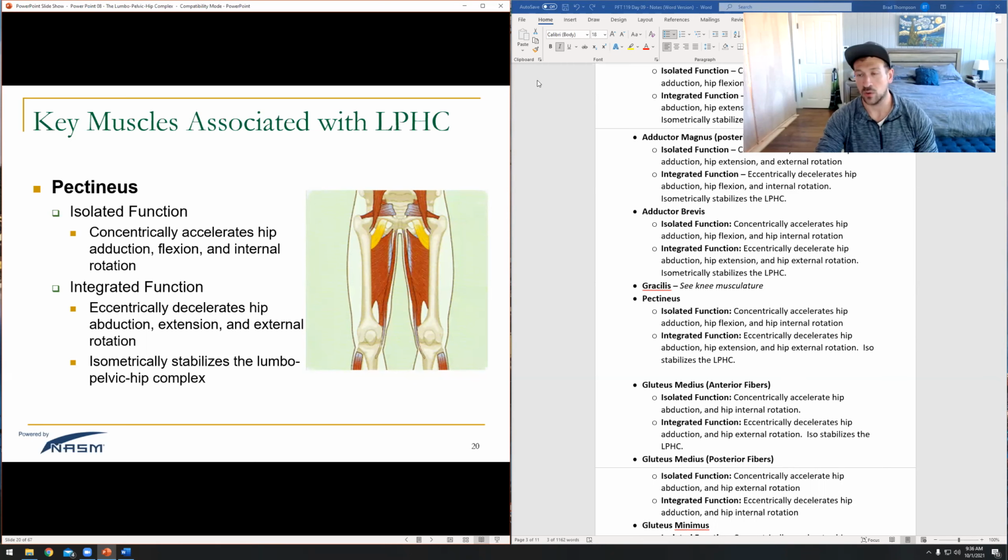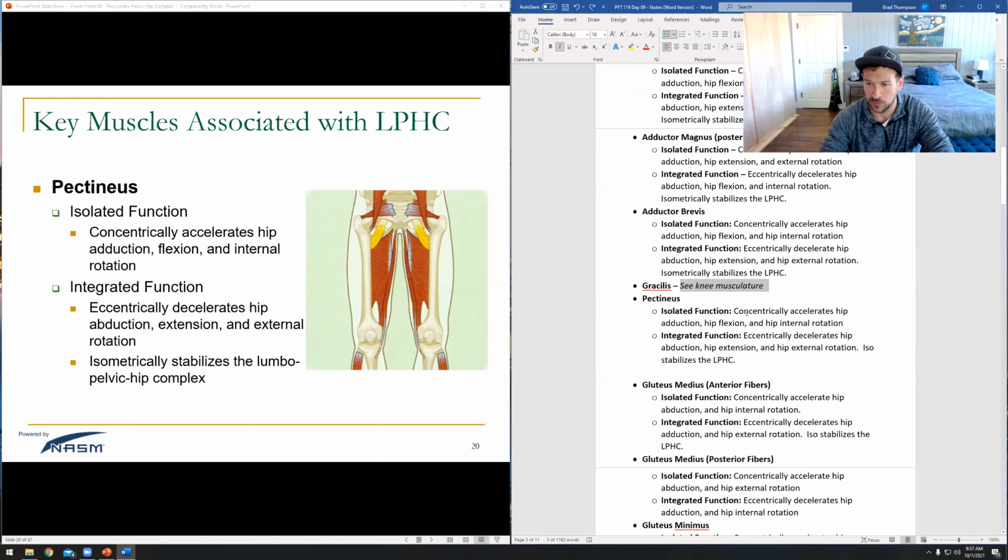There's also a little tiny short one called your pectineus. We don't see this show up very often, but it's working with all the other ones. It's a little tiny itty bitty adductor muscle there in the hip. This one really is like a hip flexor. The pectineus doesn't do very much adduction.